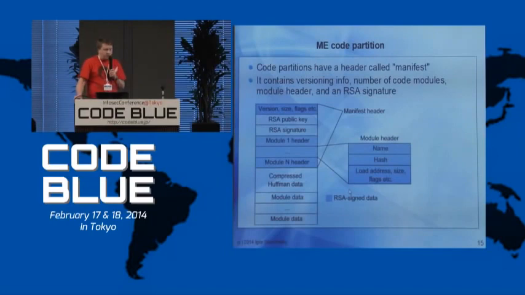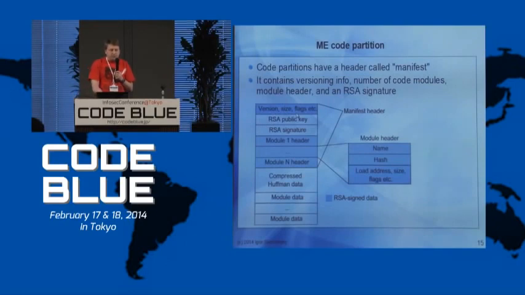And in turn, this code partition is structured as well. It has a header with version numbers, with the size, with the flags and everything. It also contains the public key and signature of the whole manifest header. You see that I shaded in dark blue the parts which are signed.